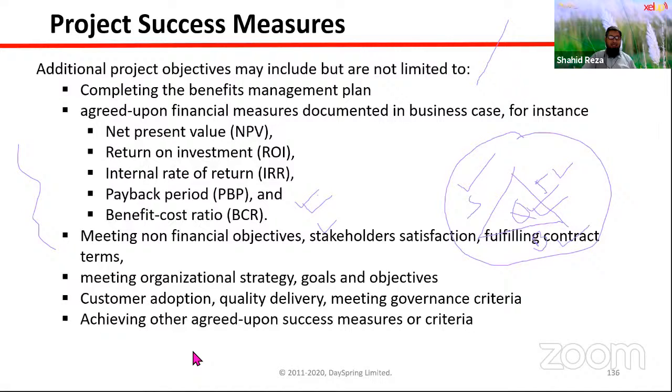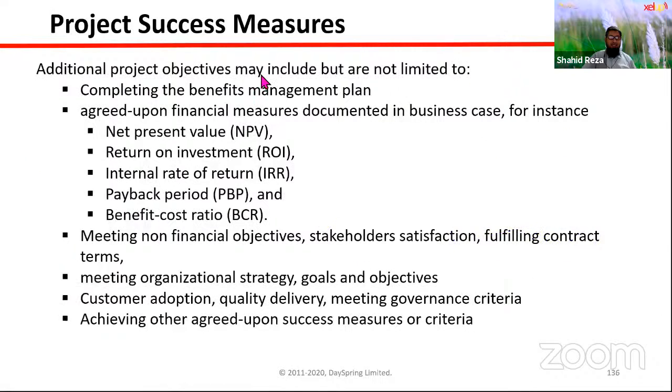And generally, what we use for project success measures is completing the benefits management plan, whether we have achieved the benefits we have shown in it or not. That can be success criteria. Then the NPV, net present value, or return on investment, internal rate of return, payback period, benefit cost ratio, whether these are met or not by doing the project.